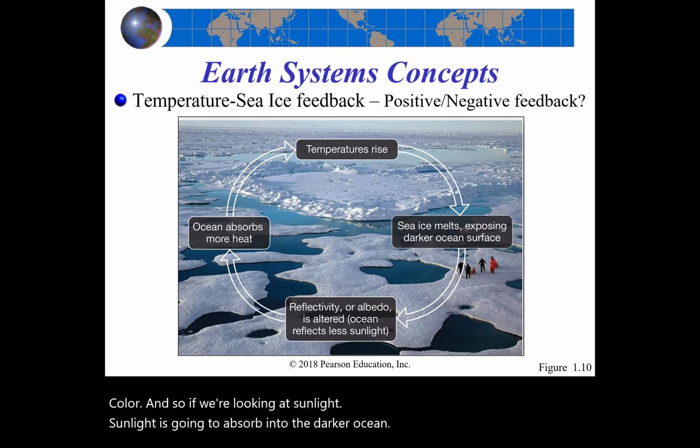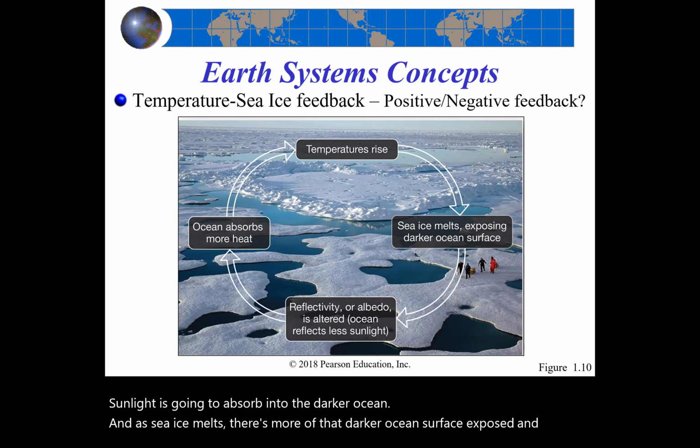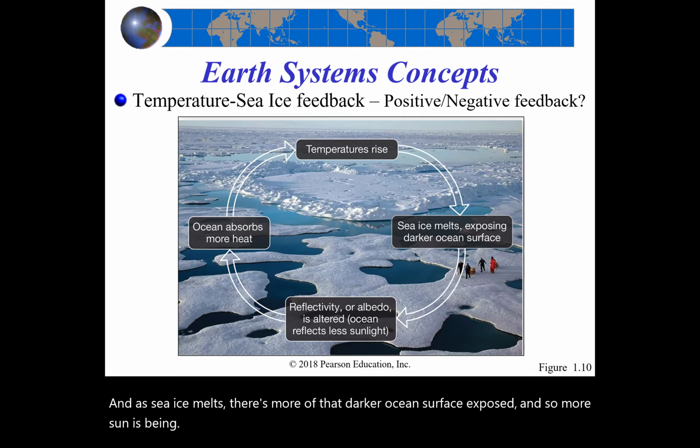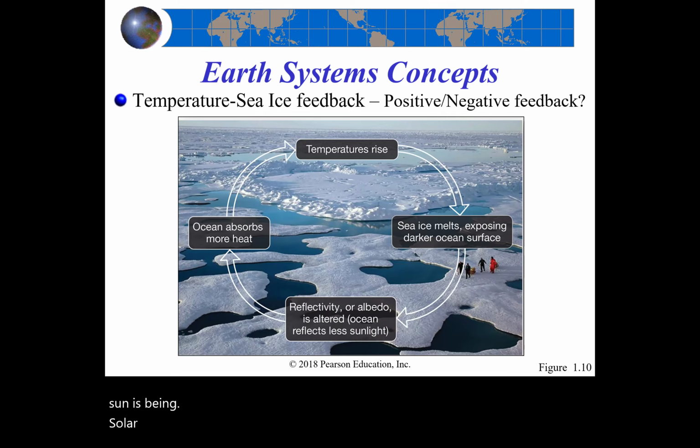And as sea ice melts, there's more of that darker ocean surface exposed. And so more solar heat is being absorbed by the ocean, and so we have a decrease of reflectivity.